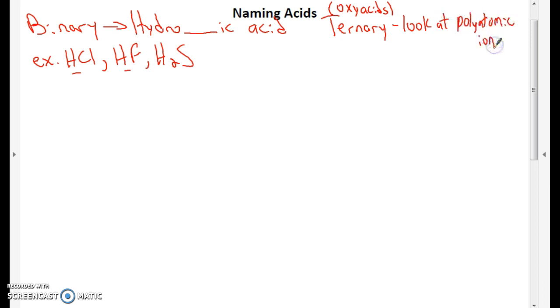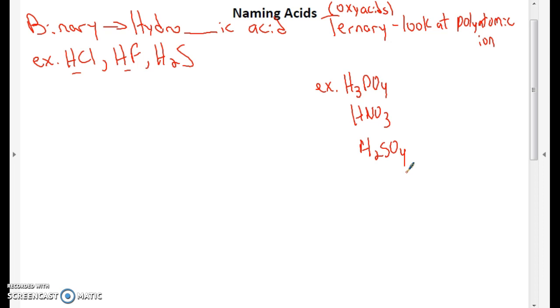So if you don't have your polyatomic ion sheet out, get that out. Now for these, there's a lot of different examples: you can have H3PO4, or HNO3, or H2SO4. These have hydrogen, because our acids are always going to have hydrogen in them, and you're going to have a polyatomic ion.